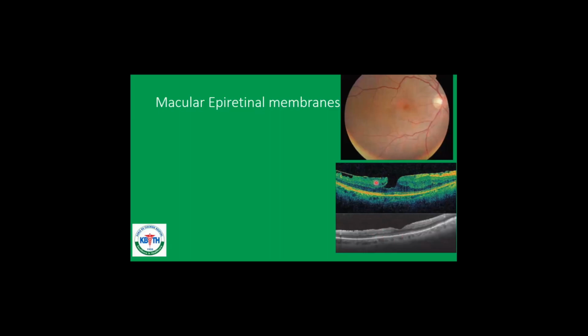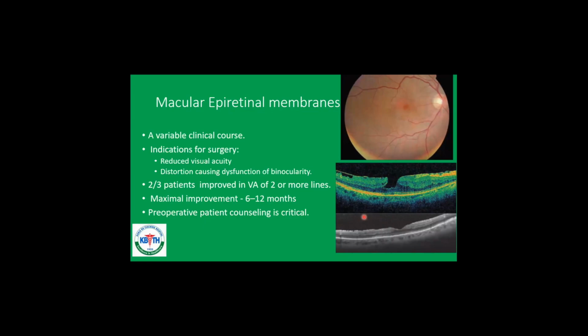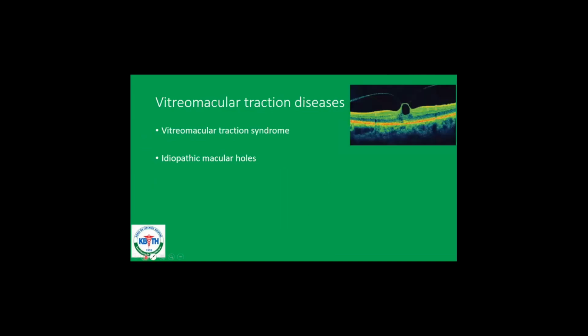And with peeling, there's restoration of the fovea contour. And for some, there might be improvement in visual acuity, but mostly the benefit patients would observe is the decline in the distortion or metamorphopsia that they tend to have. So counseling is key in such conditions.